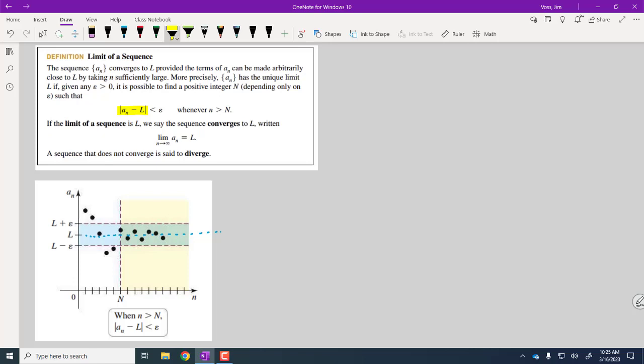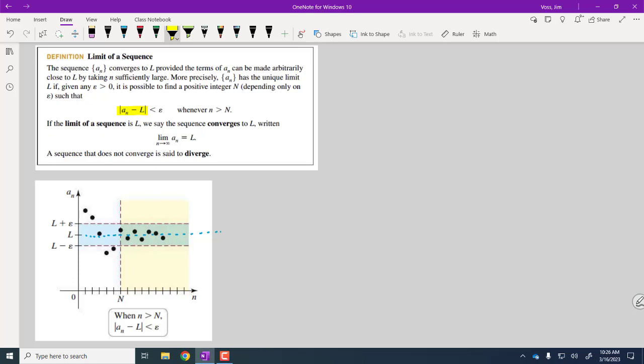And so all this says is that no matter what you pick for that epsilon, so that epsilon creates a little tunnel, it could be 0.1, could be 0.01, could be 0.00001, doesn't matter. What it says is that eventually the sequence has to be in that little tube. Then the limit is going to exist.